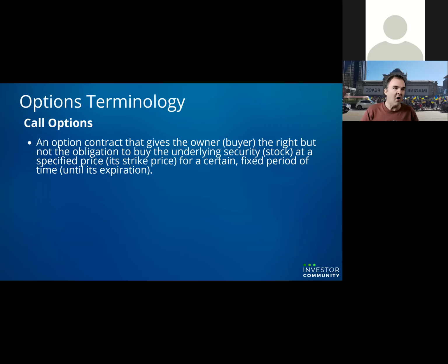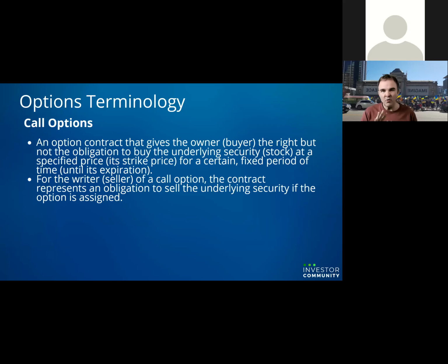So call options. A call option is an option contract that gives the owner, that's the buyer of the contract, the right but not the obligation to buy the underlying security, usually a stock, at a specified price, which is called a strike price, for a certain fixed period of time until expiration.